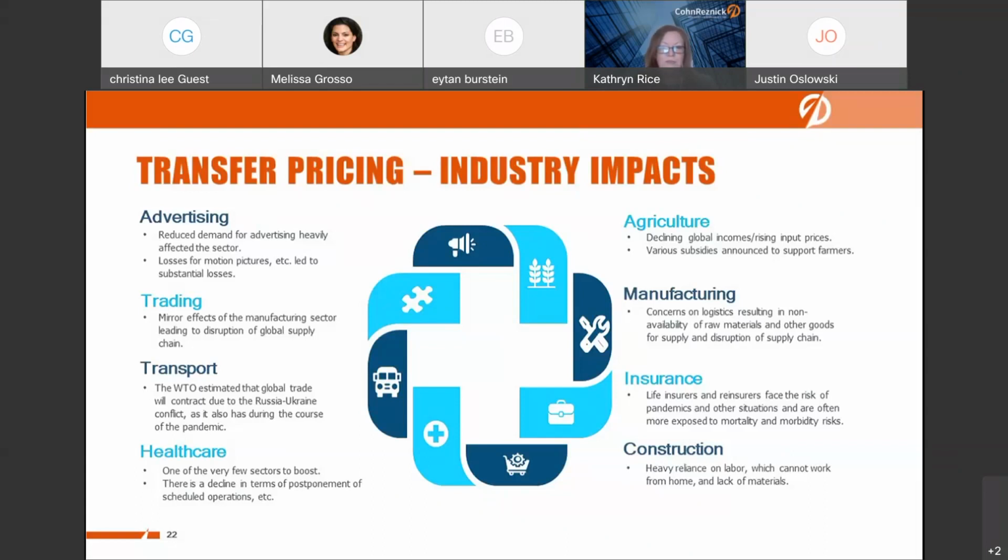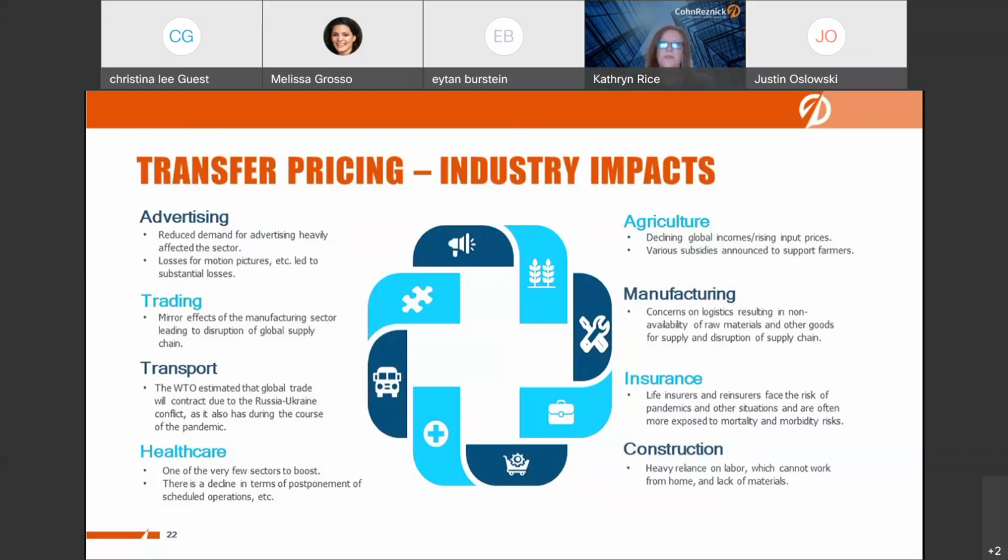So a variety of issues here, all of which can affect the transfer pricing and can also be addressed in some way, potentially with transfer pricing, right? So the effects, for example, on trading and the manufacturing sector with the supply chain disruption, or for the manufacturing side, concerns on logistics to procure raw materials and other goods necessary for production.